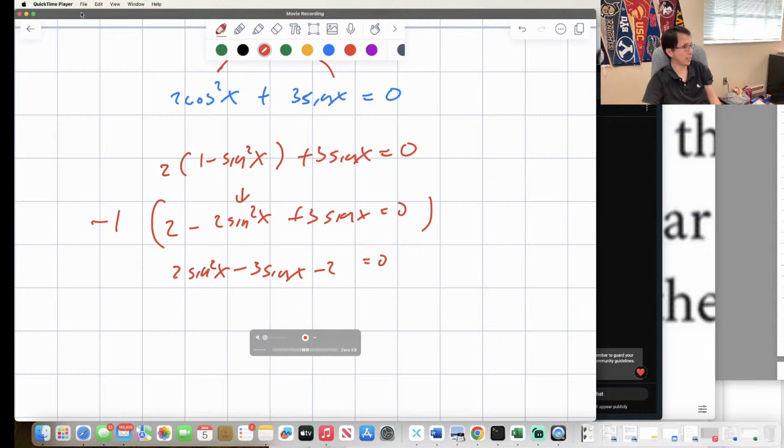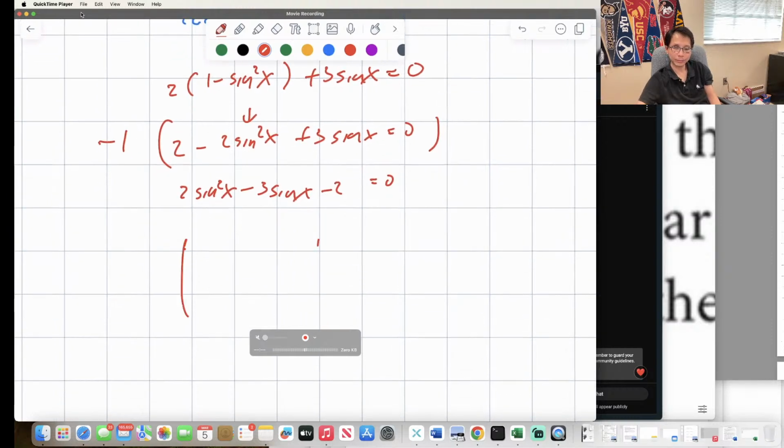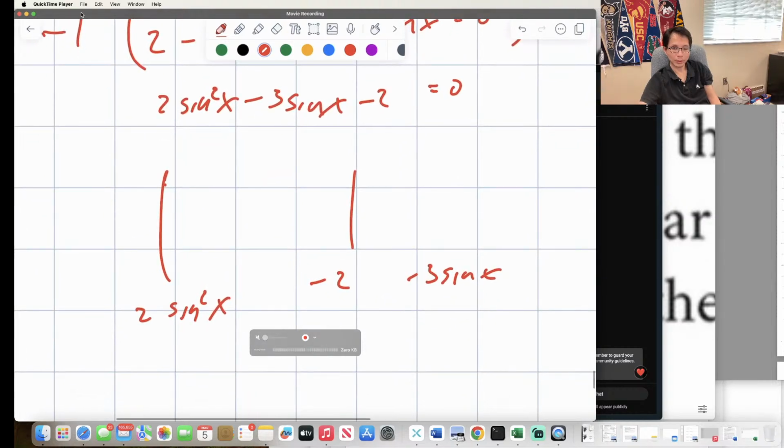Yes, you can do that, absolutely. So it'd be 2 sine square of x minus 3 sine of x minus 2. Which two things multiply to give you 2 sine square of x? 2 sine of x and sine of x. And which two things multiply to give me 2? 1 and 2.